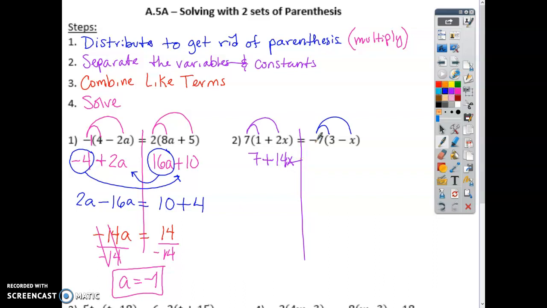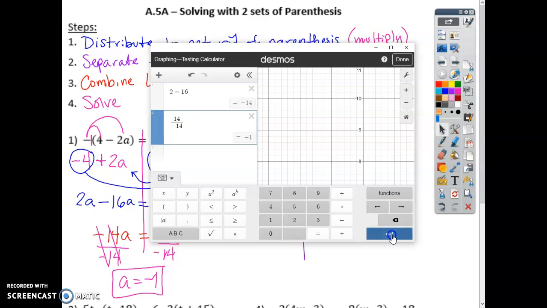What's negative 7 times 3? You guys have decimals. You can use it. Negative 7 times 3. Negative 21. What's negative 7 times a negative 1? Negative 7 times negative 1.